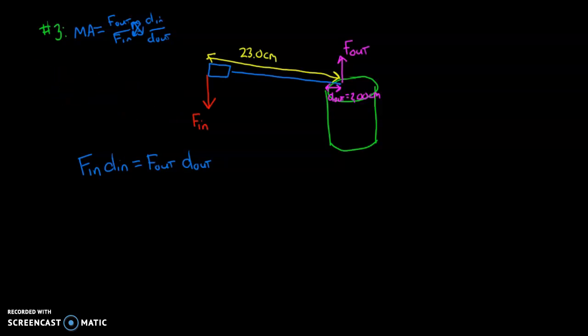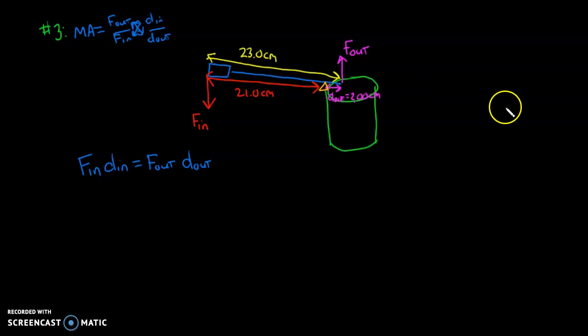So if my distance out is 2.00 centimeters and my entire screwdriver is 23 centimeters and my fulcrum, should draw that in there as well, my fulcrum is located right here on the edge of the can, that's going to mean that my input distance is 21.0 centimeters.